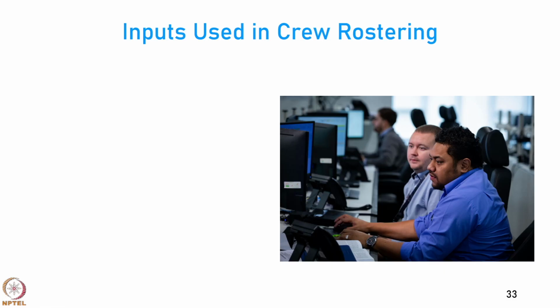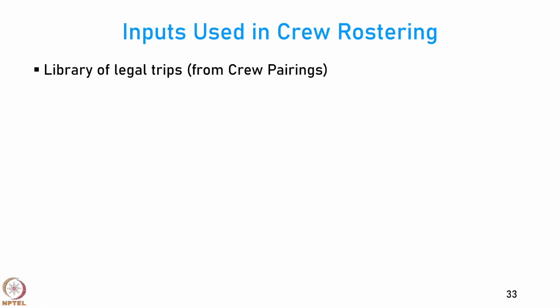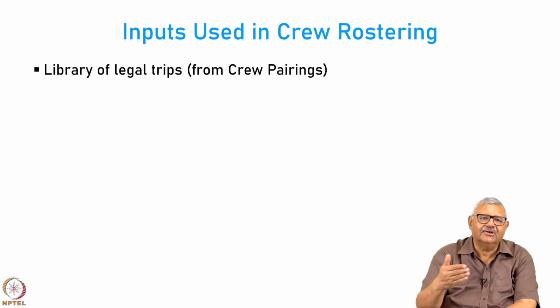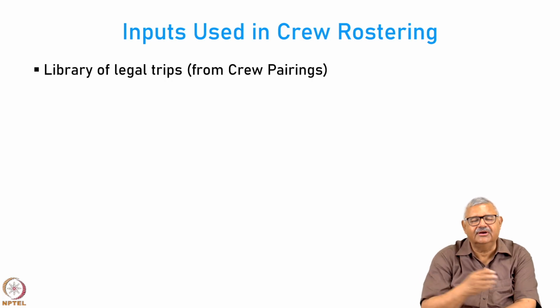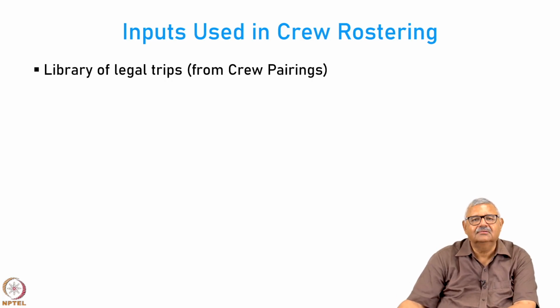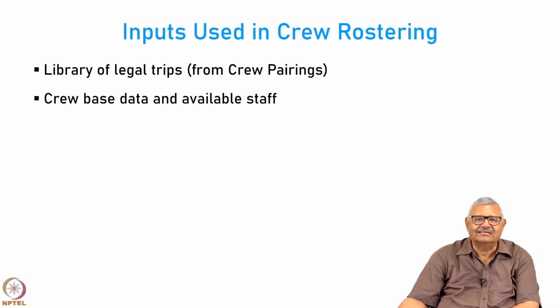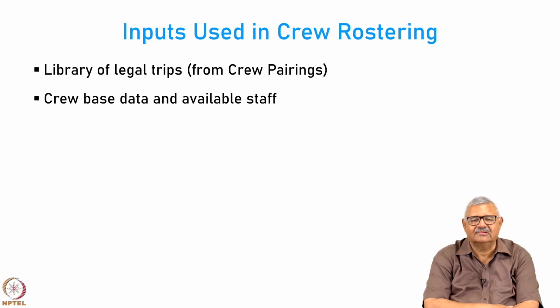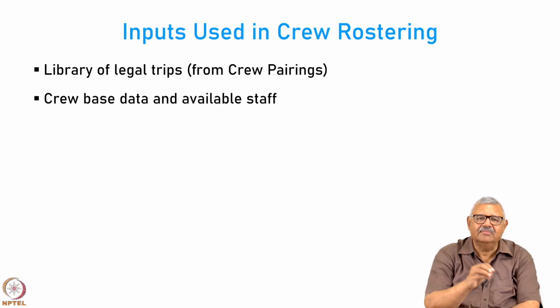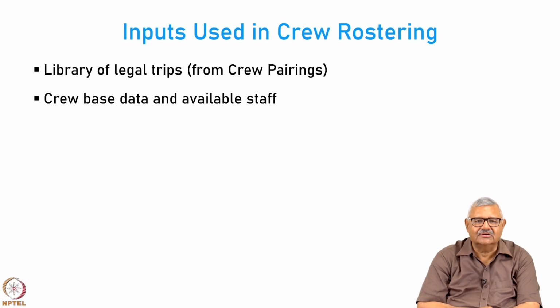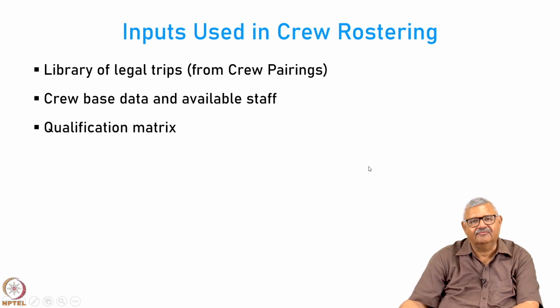What are the inputs used in crew rostering? The inputs are the library of legal trips which have already been given to you by crew pairing. To understand what is meant by this and how it is obtained, please refer to part 1 of this series. Then crew base data basically means the location of the crew members and the availability of the staff.